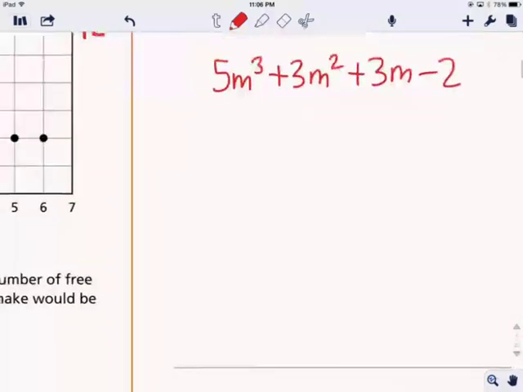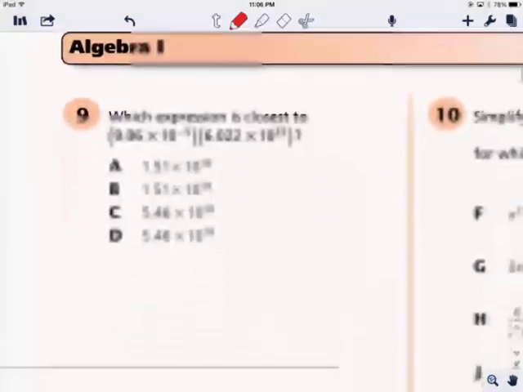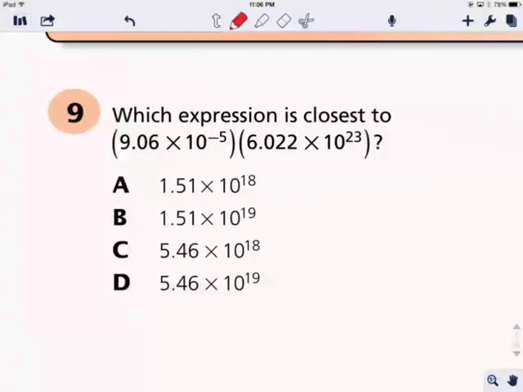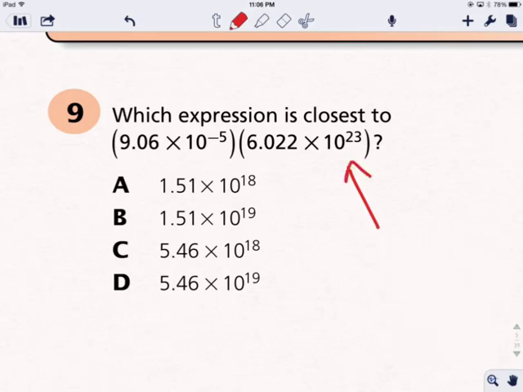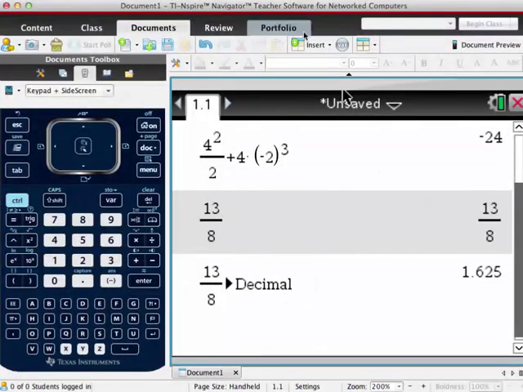All right, now let's go ahead and look at number 9. Which expression is closest to this? Well, this is going to be another job for your calculator. You could do it by hand, but really just go ahead and use a calculator.